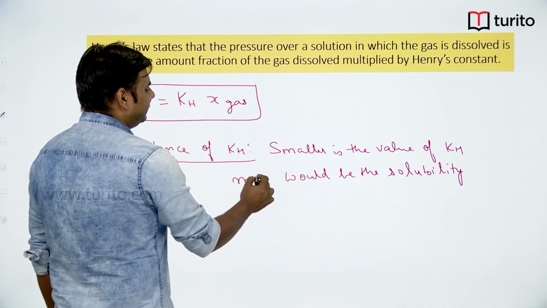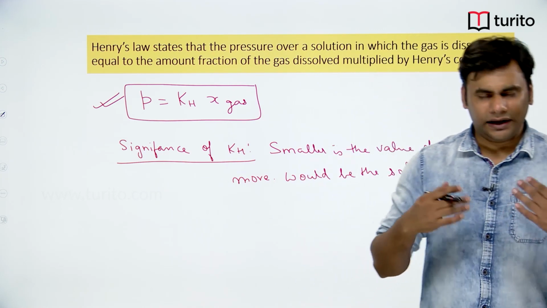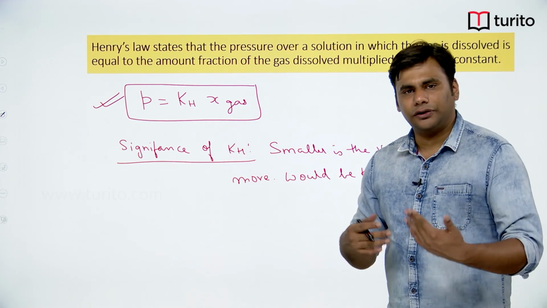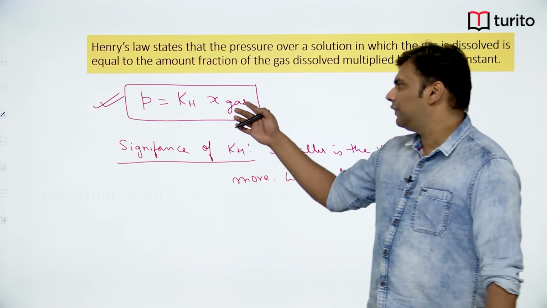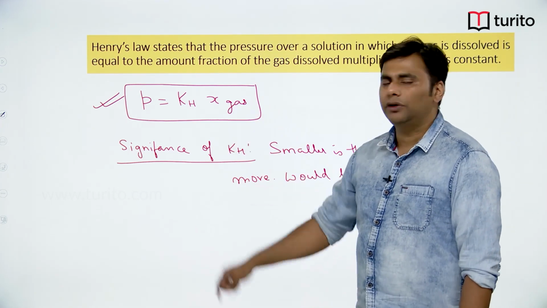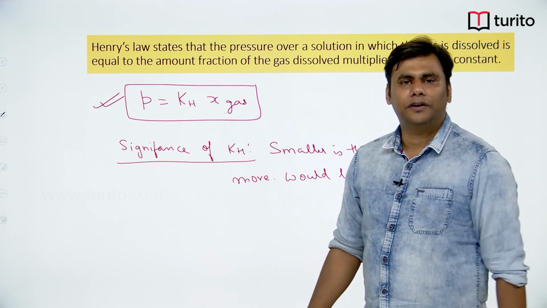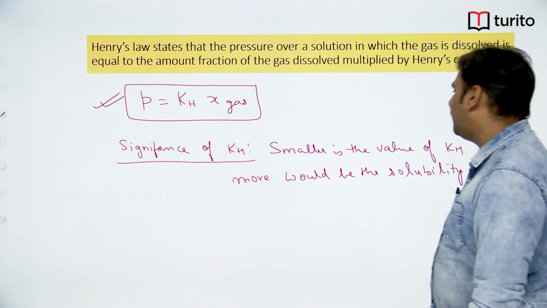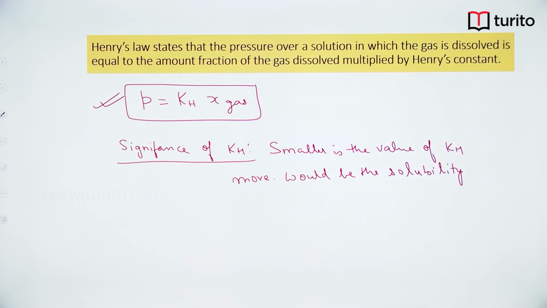So we know that at any given pressure, if the gas has dissolved in the solvent to a very higher extent, it means that the mole fraction of gas would be very high. So Kh I would write as P upon X. Now because X is very high, the value of Kh would be low. So smaller is the value of the Henry's constant, more would be the solubility of the gas in that solvent.